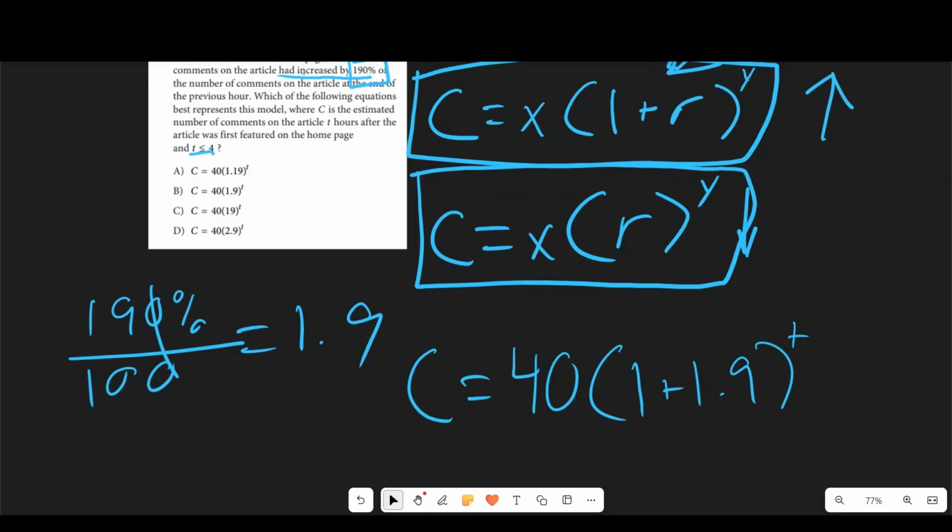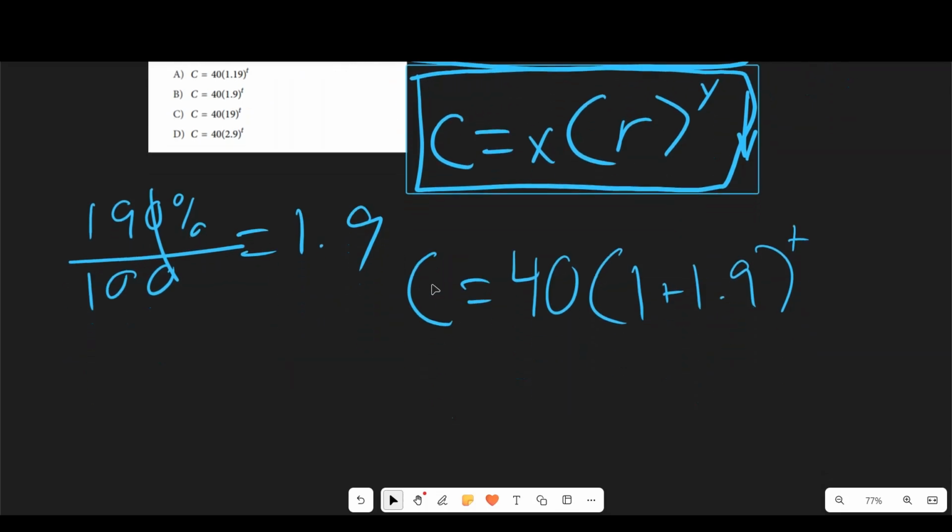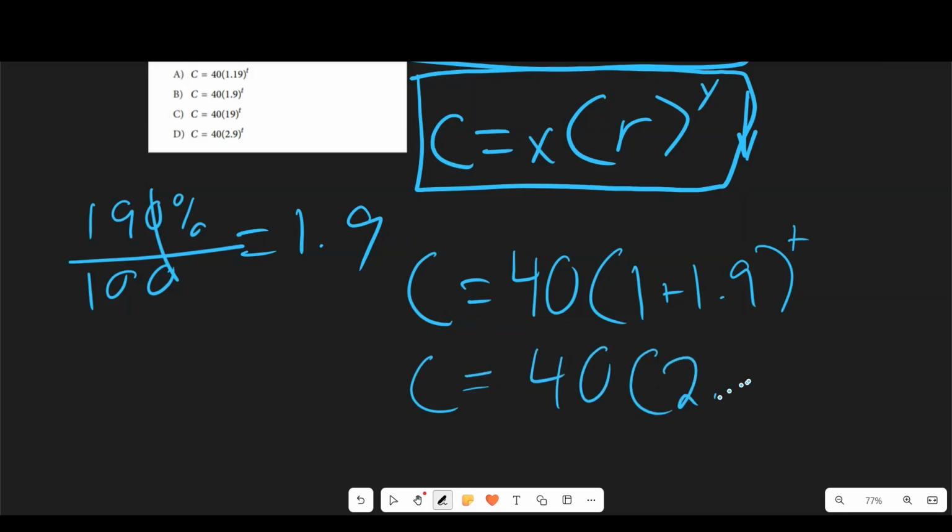In other words, C is equal to 40 times 1.9 to the t. So which answer is that? That would mean our answer is D.